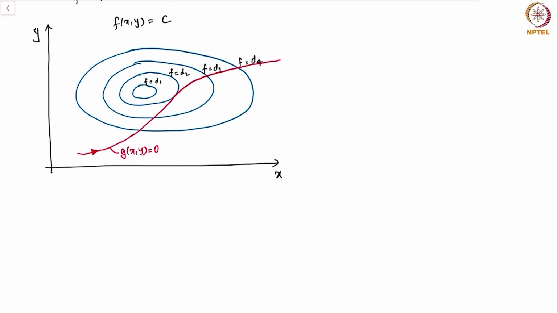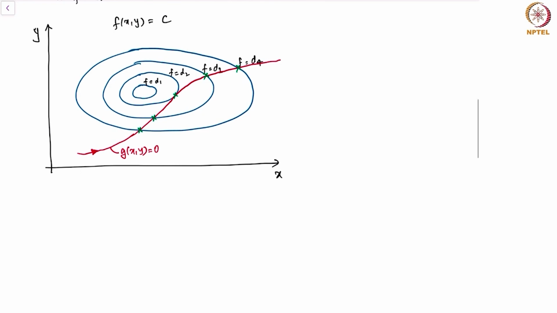I also want to be on the constraint. So I can easily identify several points. For example, this is one such point, this is another point, this is a third point, and so on. You could have an infinite number of points because this is a smooth curve and there are several contours of f of x comma y. I've only shown a few specific contour values.